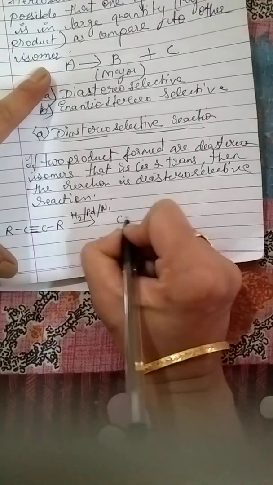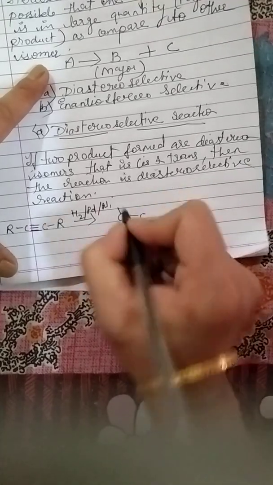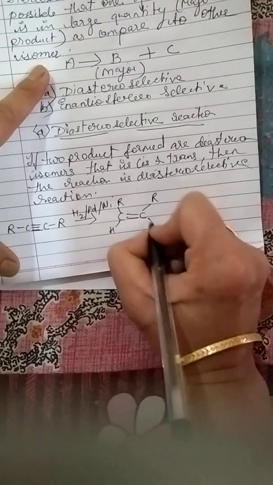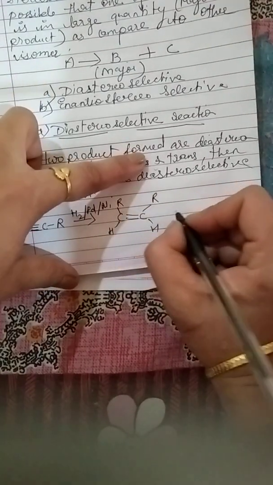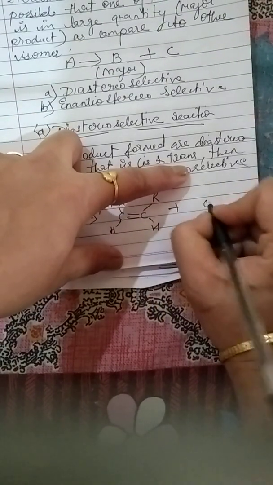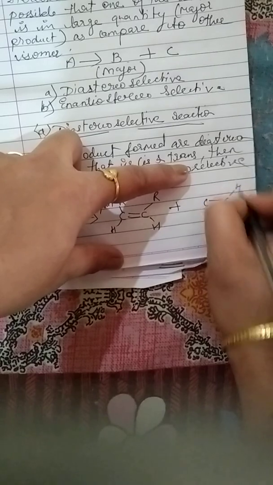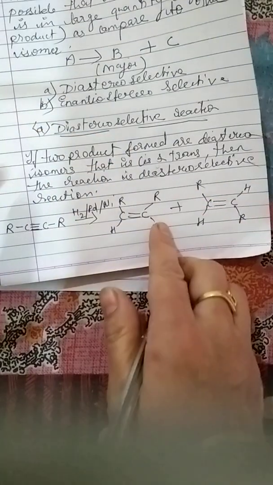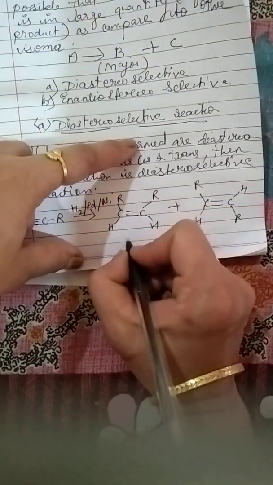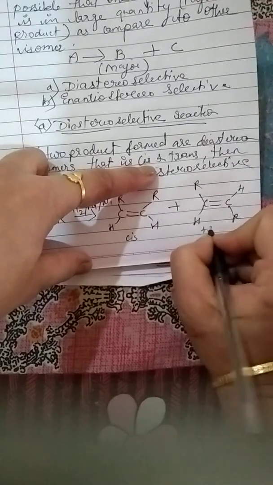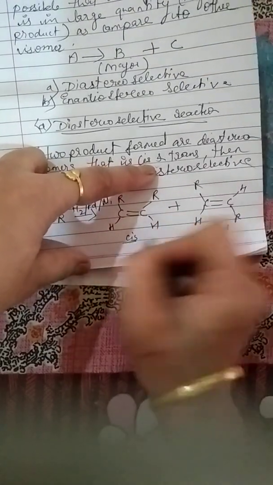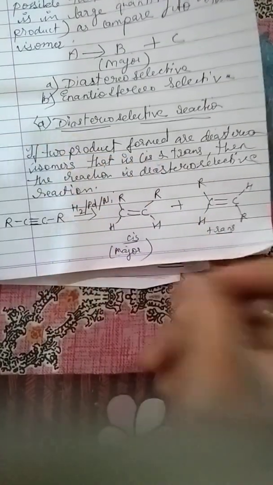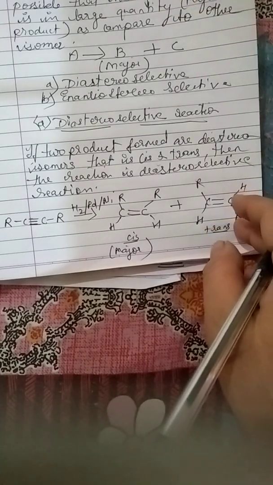So we'll get 2 types of product, one will be cis and the other will be trans. These are the 2 products we are getting. This is cis and this one is trans. Out of these, the major one will be this. So this is the example we have taken for diastereoselective.